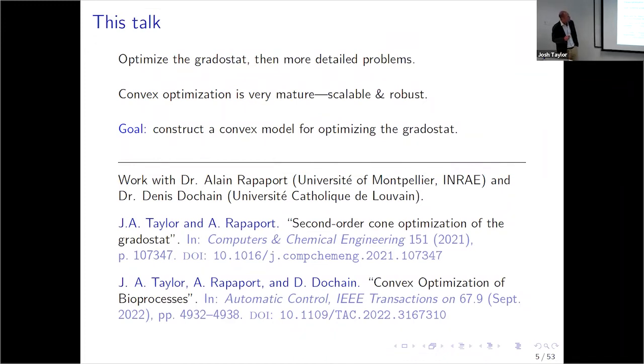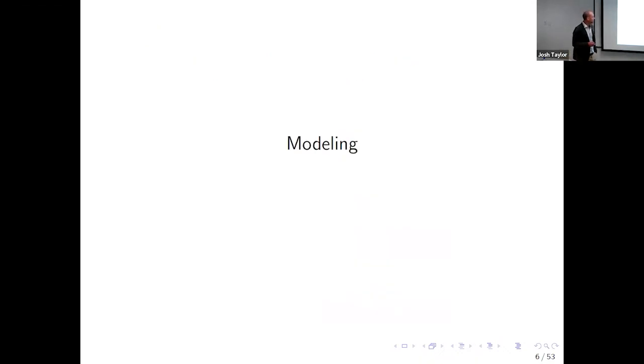So the goal is to come up with a nice convex model that we can use to optimize the gradostat. This was work that I started during my sabbatical at University of Montpellier with Elaine Rappaport, and later also with Denis Dauchaine. And we're continuing to work in this area. So I see quite a lot of future work here.